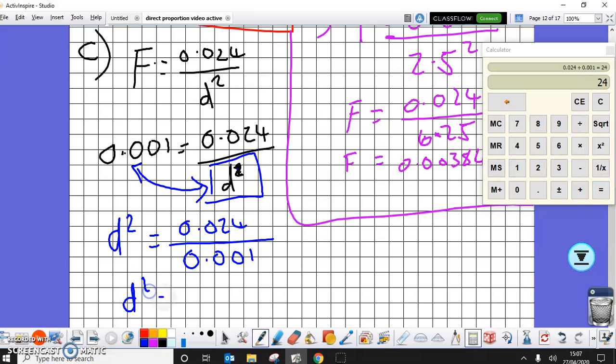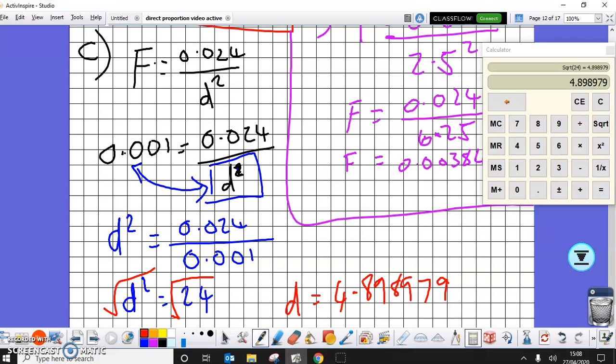So D squared is equal to 24. To find D on its own, we're now going to square root both sides. So D is going to equal 4.898979.